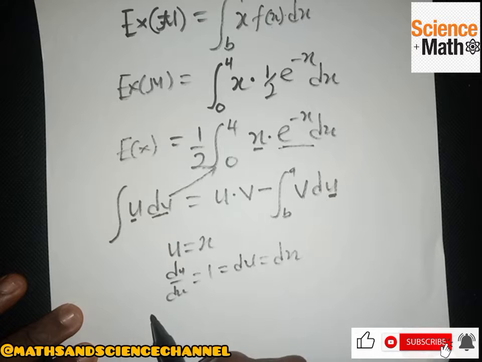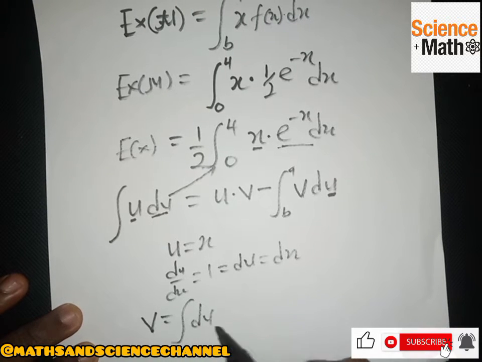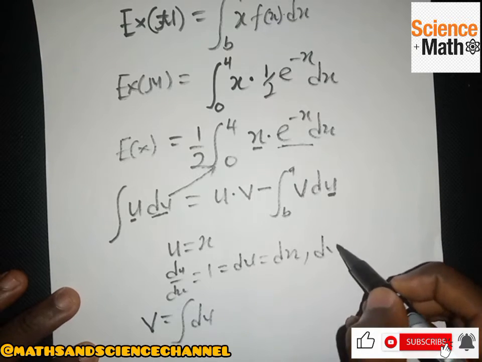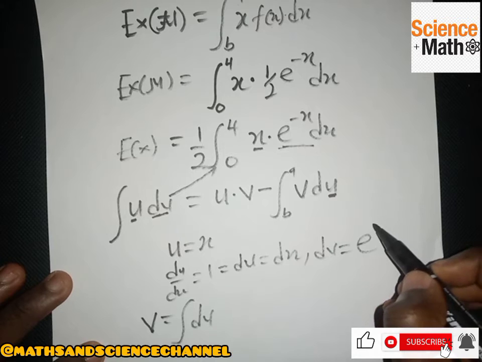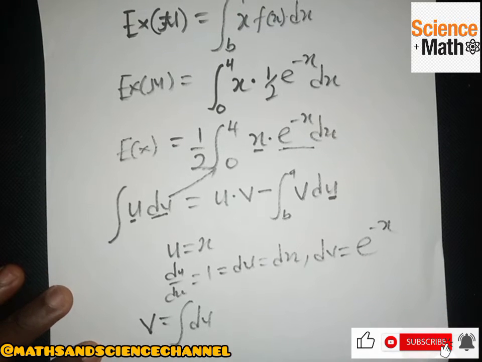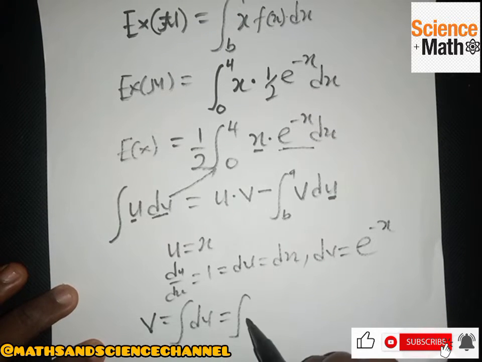So v will be equal to the integral of dv, which is the integral of e to the minus x, and then what we do is go ahead and integrate.